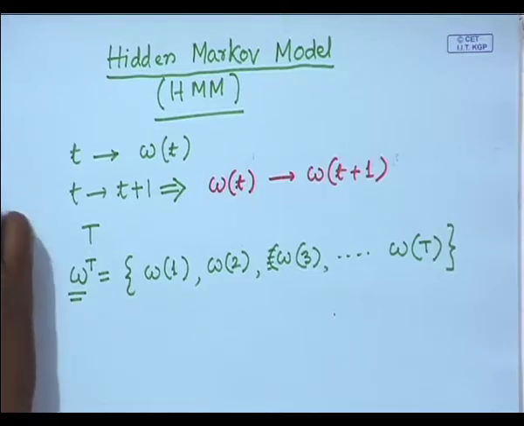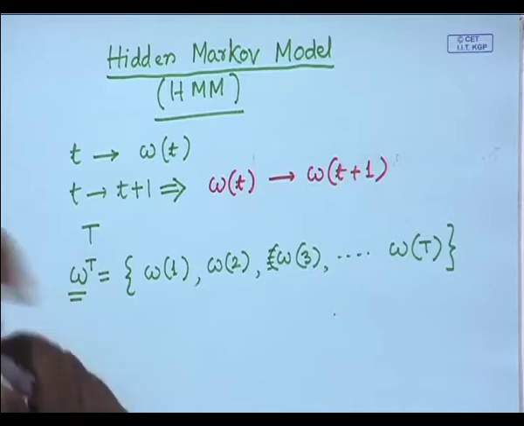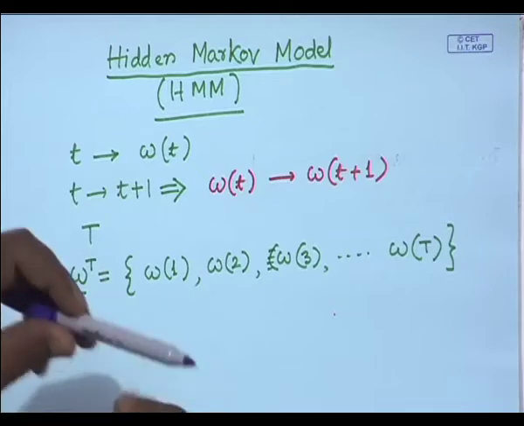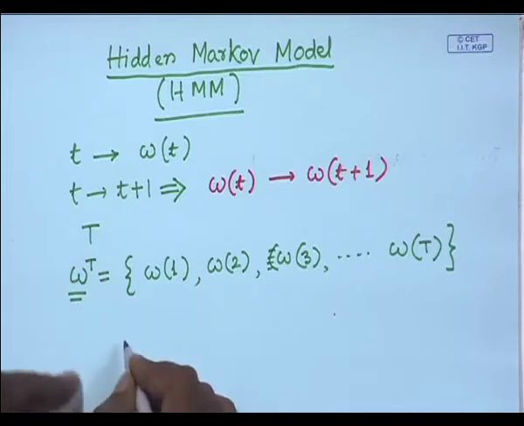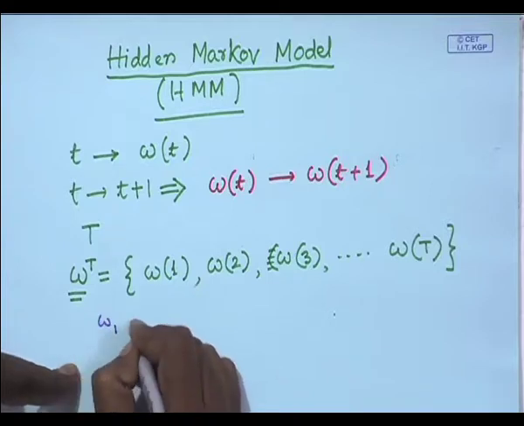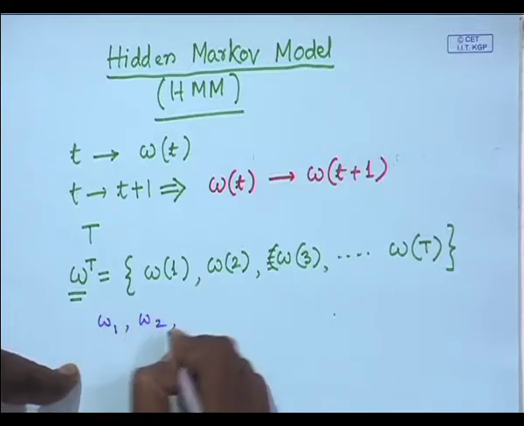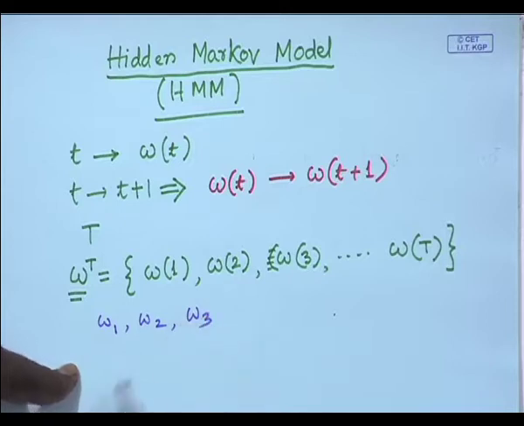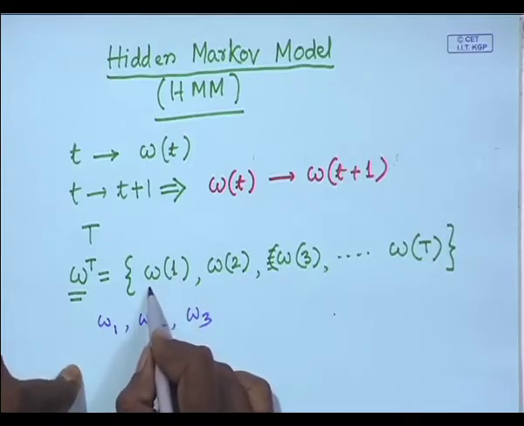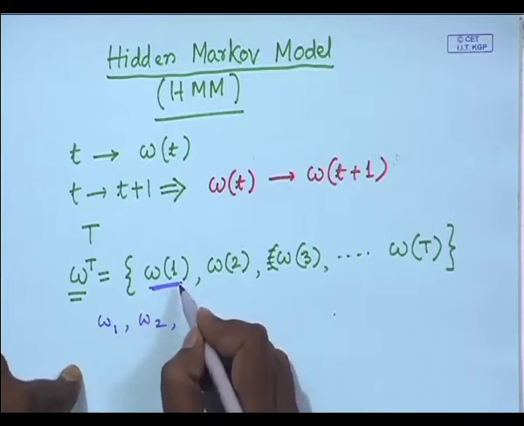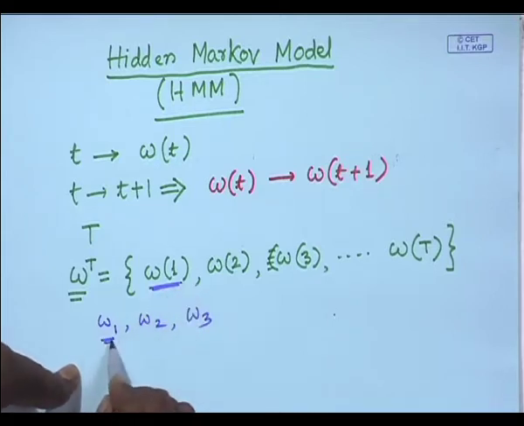So, for example, if I have a machine with states omega 1, omega 2, omega 3, these are the states of the machine. Okay. Now, you find the difference between this omega 1, where 1 is put within parentheses, and this omega 1.